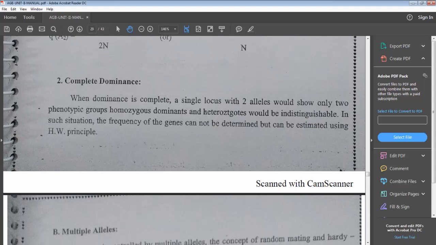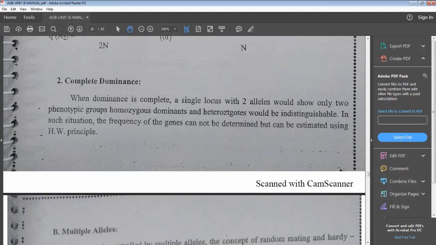In the case of complete dominance, a single locus with two alleles would show only two phenotypic groups. One is the homozygous dominants; heterozygotes are indistinguishable. We had already seen this kind of character at the time when we were doing gene mapping.